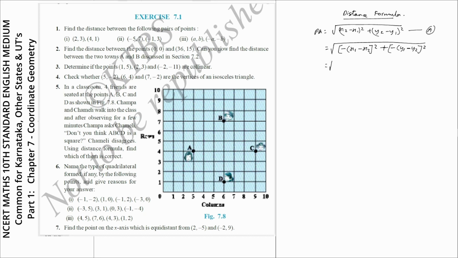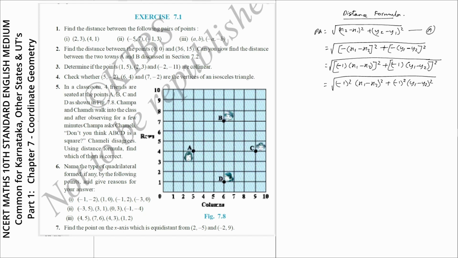Now this is equal to, here my minus means it's minus 1, minus 1 into x1 minus x2 the whole square. There's no change in the equation, you can observe. So this is minus 1 into y1 minus y2 the whole square. Now here I can write this as square root of minus 1 the whole square into x1 minus x2 square plus minus 1 the whole square into y1 minus y2 the whole square.